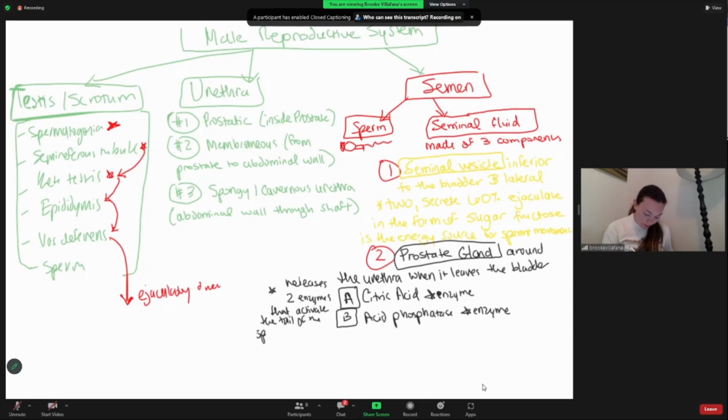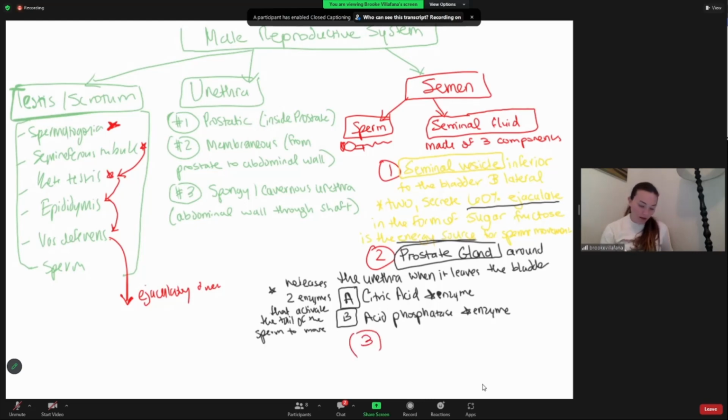The tail of the sperm, to move. So the energy source for the movement of the sperm comes from the fructose, which is 60% of ejaculate, which is from the two seminal vesicles, right? But the prostate gland releases two enzymes that activate the tail to move. So without the enzymes, it won't move, and without the sugar, the sperm won't move.